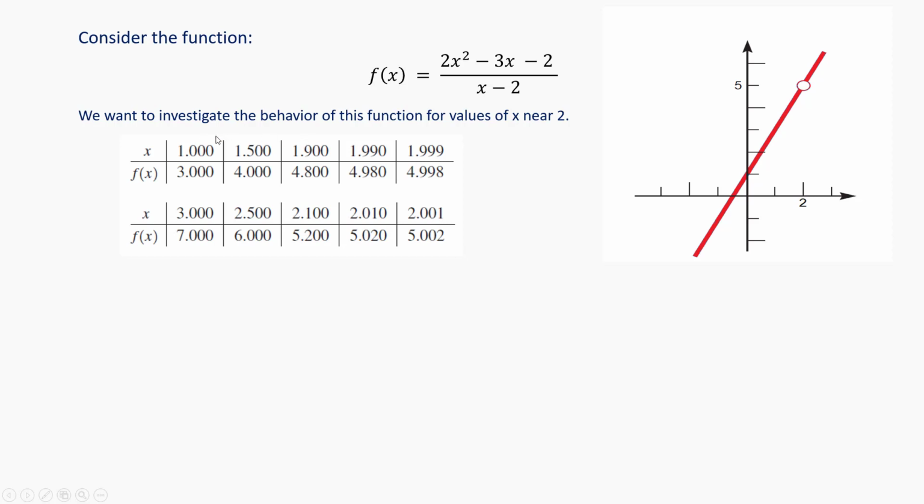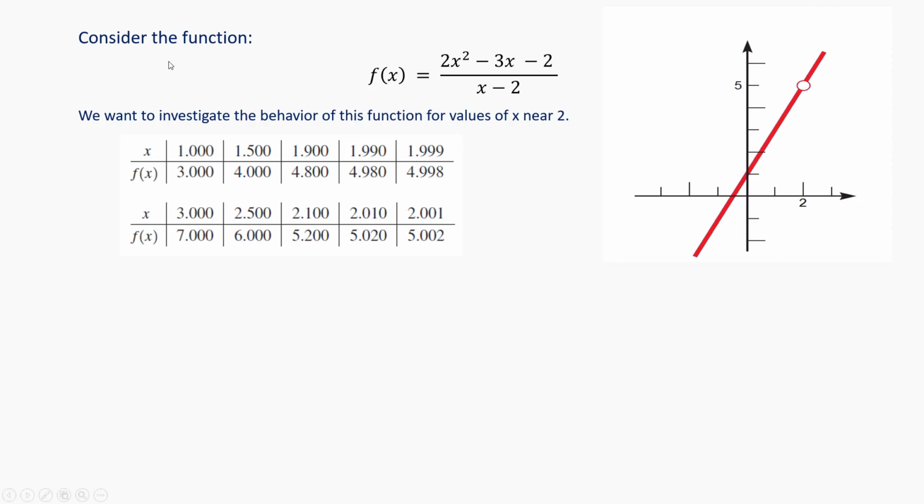In the first table, all of the values of x are less than 2. They are on the left side of 2. In the second table, all the values are greater than 2, so they are on the right side of 2.